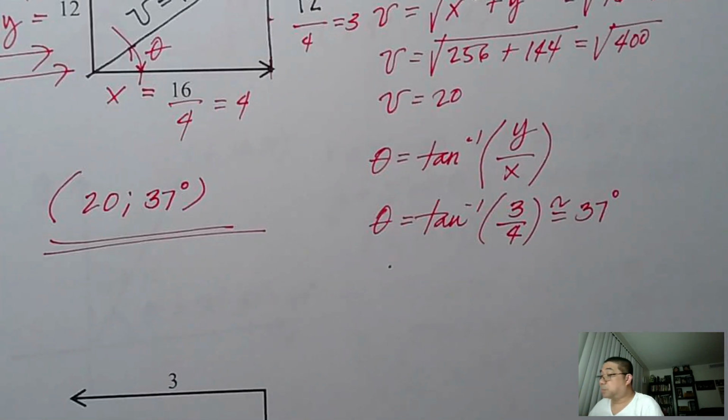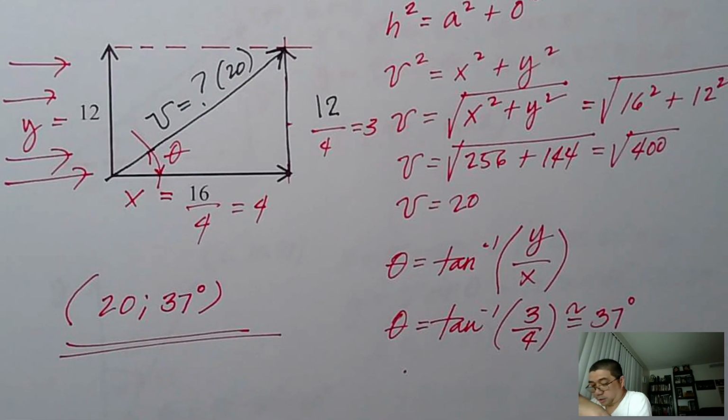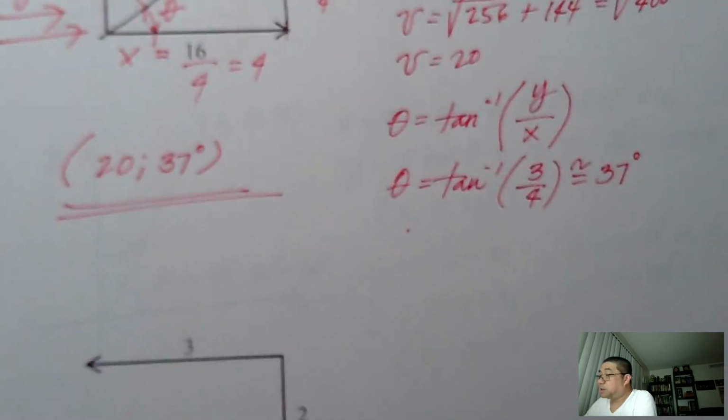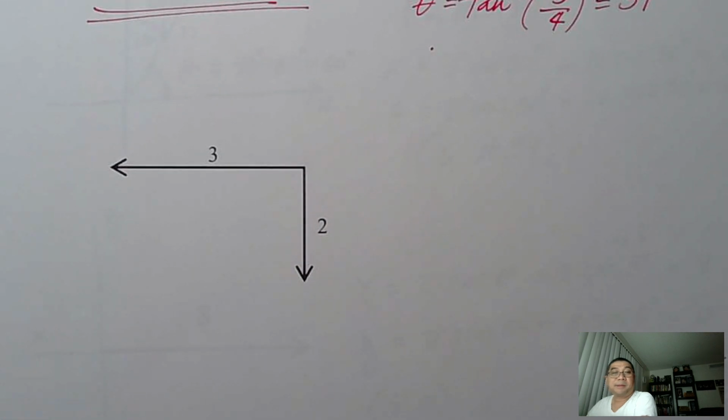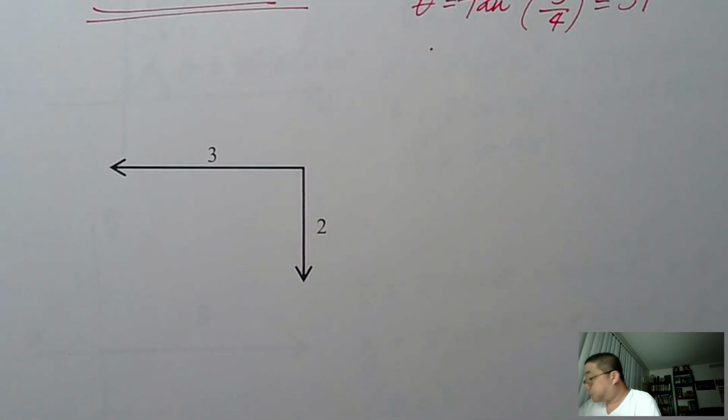So the notation. So this is for the first example. Second example. Okay, second example is, this time we want to figure out your x component, or to solve for the vector itself.